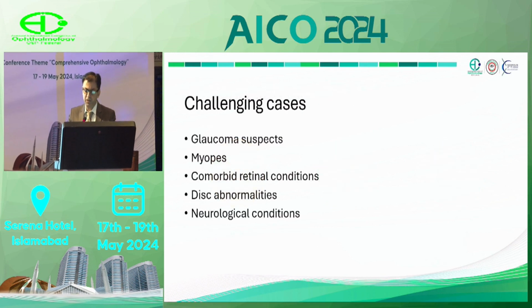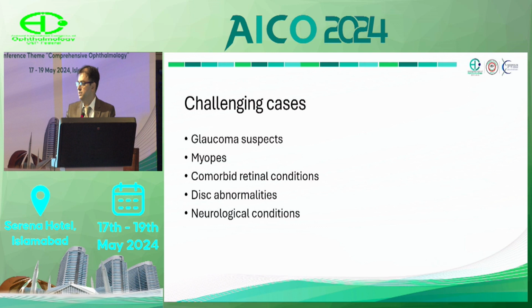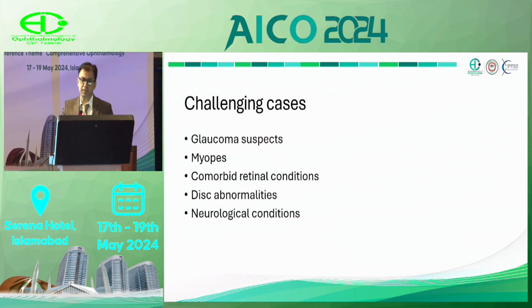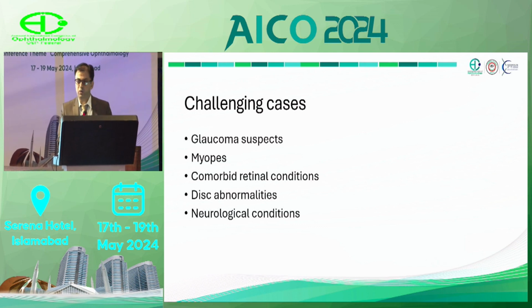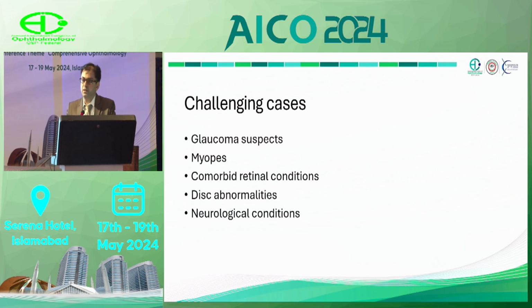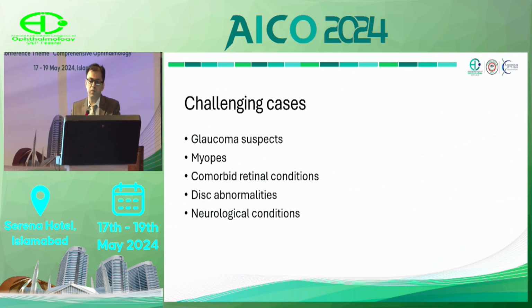But sometimes, even despite these things, there are challenging cases like glaucoma suspects, myopes, comorbid retinal conditions, disc abnormalities, neurological conditions. So even in the presence of these sophisticated diagnostic tools, we face these challenges.